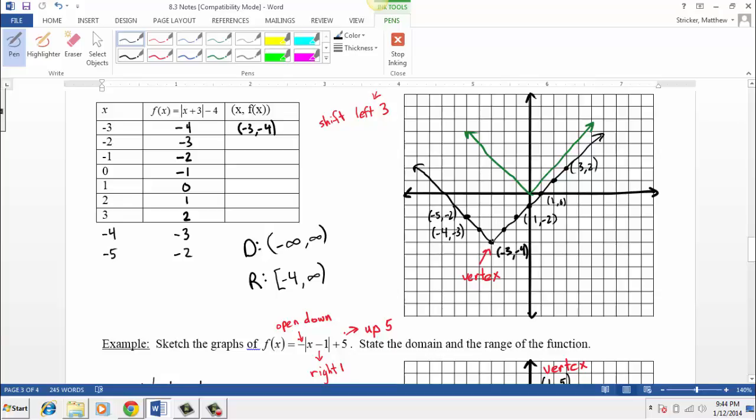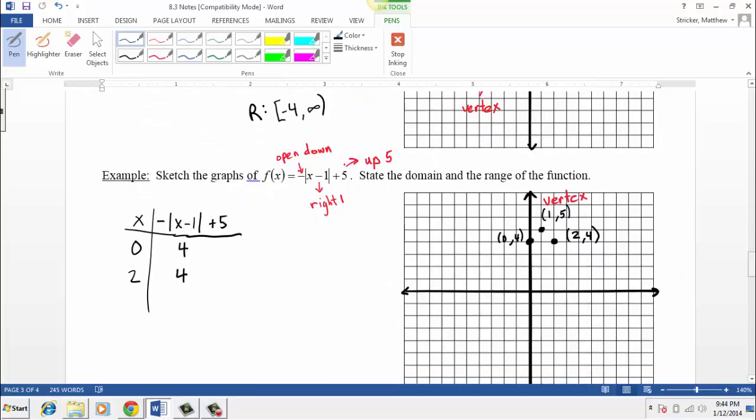So if there's a point up 1 over 1, then there's another point up 1 over 1 over here. If there's a point, this point right here, 1, negative 2, that's up 2 over 2. Then there's got to be another point on the left side up 2 over 2. And so there's going to be another point here. This graph is going to come down like this.